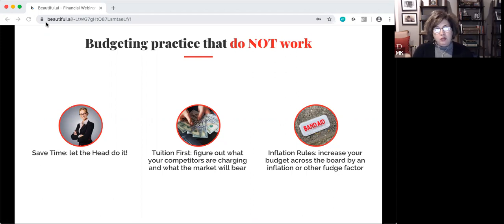Now, whether to increase your tuition along those same lines, I don't know that that's necessarily a good idea, but I definitely think that when you're looking at the compensation expense, it's critical that you ensure the teachers that you have are as close as possible to that 85% vital sign.